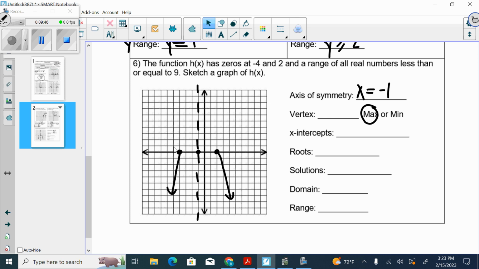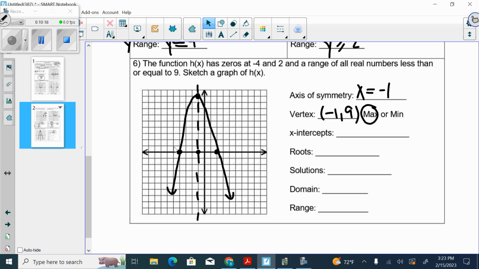Because that's where we folded it in half. We need to figure out how high it goes. Well, they said that the range was less than or equal to what? 9. So apparently the highest this thing goes is at 9. There's my vertex at -1, 9. All right, so now that I have that point, I can connect these, make it look like a parabola.